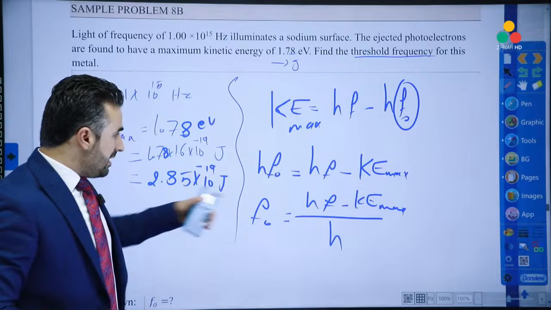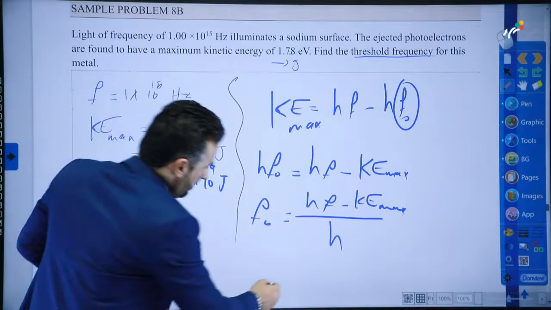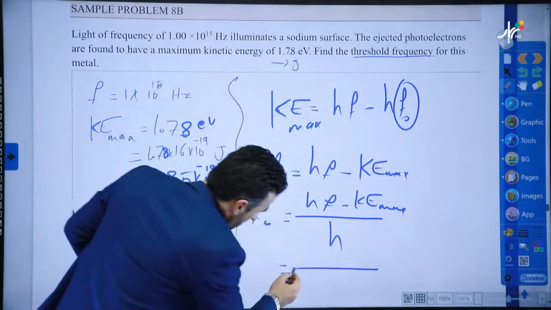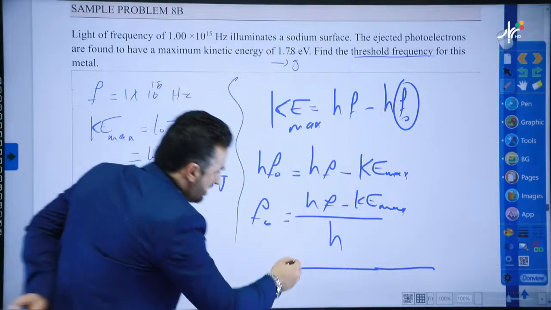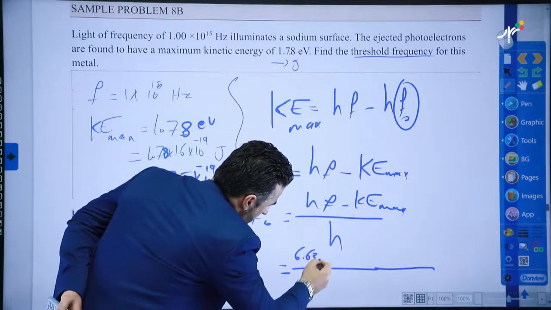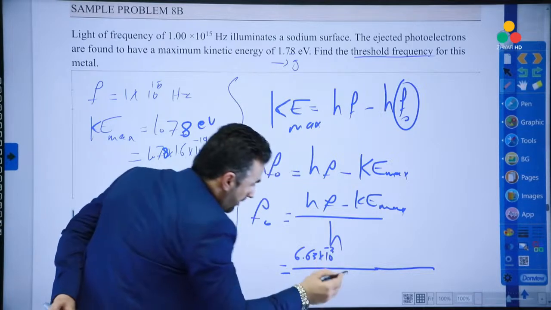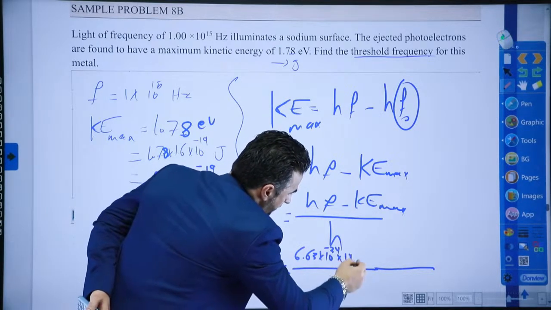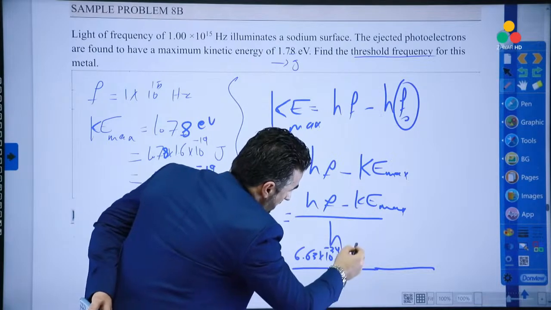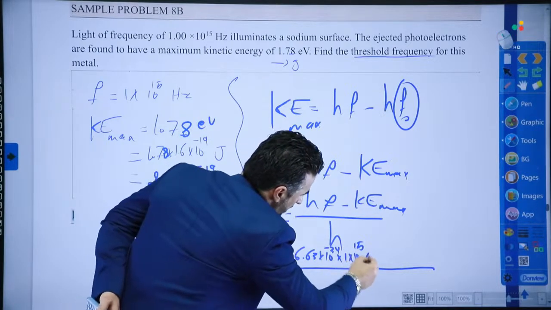Now we're going to plug this number into the equation here. We'll have to write it small so that we have enough space. So now Planck's constant, that is 6.63 times 10 to the power negative 34. All right, help me continue with this. Multiply by the frequency that we have, which is 1 times 10 to the power 15 hertz.